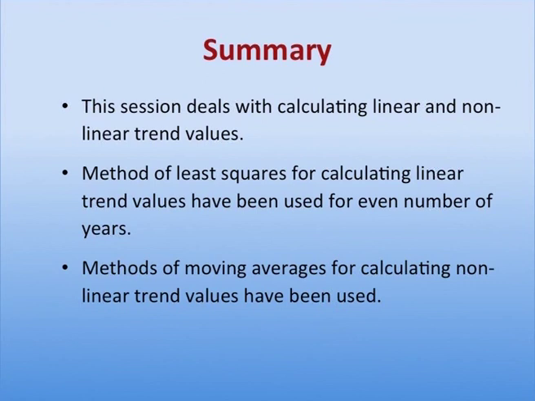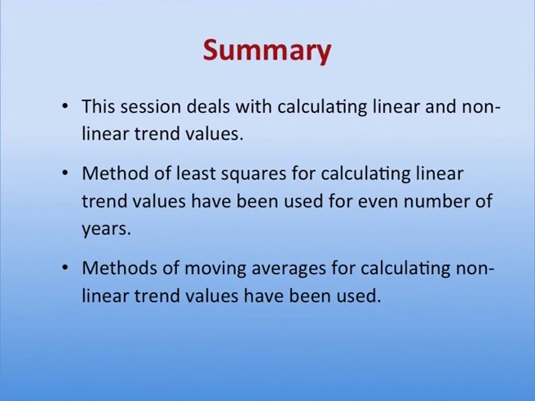In this session, we have calculated trend values, linear trend and non-linear trend. For linear trend, when the number of years is even, then summation x will not be equal to 0. We used the normal equations to obtain the trend line, and using the trend line we have calculated trend values.